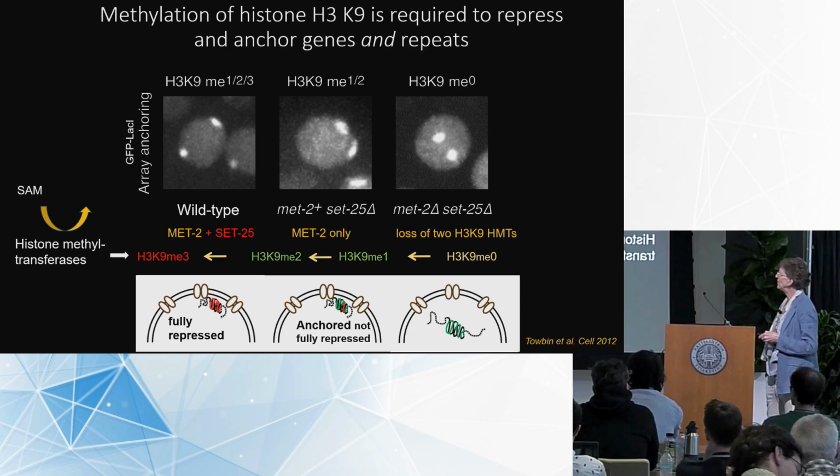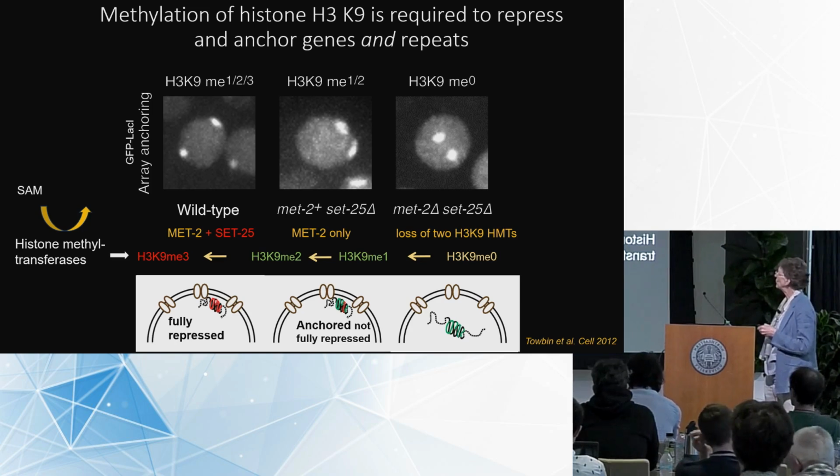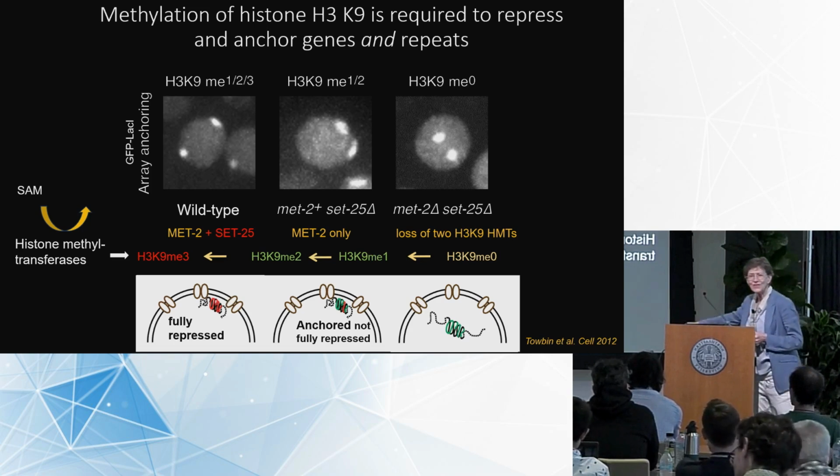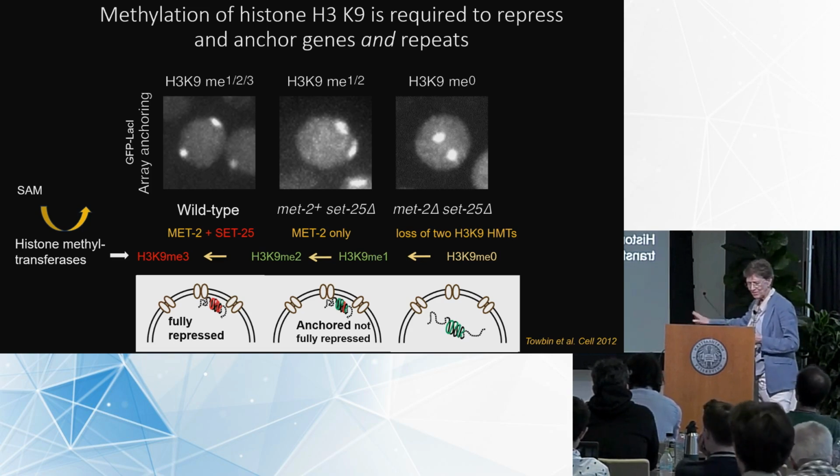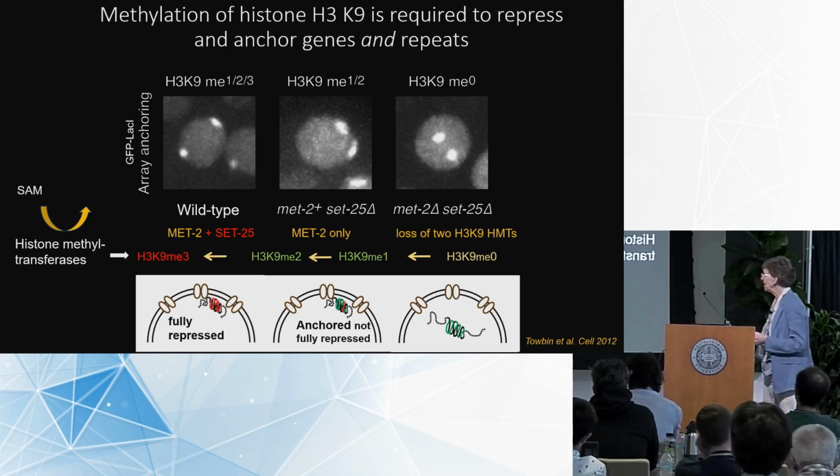The array shifts inside. If you knock out just one or the other, you de-repress, but you still stay anchored, partial de-repression. And in wild type, of course, you could see that the K9 trimethyl was completely at the periphery. So K9 di and tri is important both for repression and position, and this was that paper.